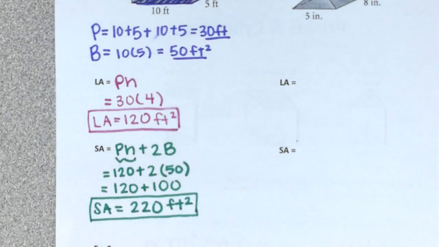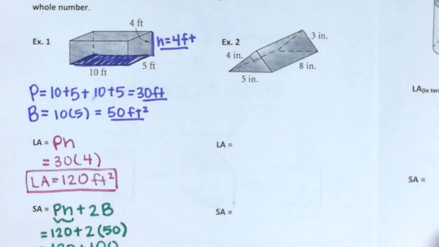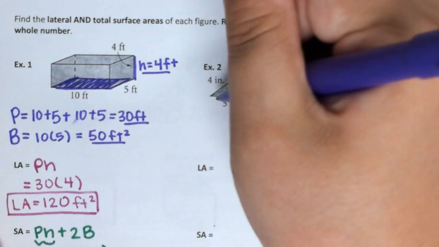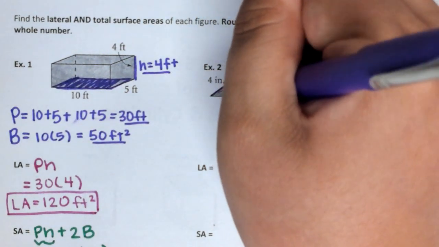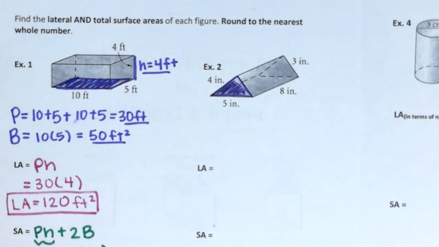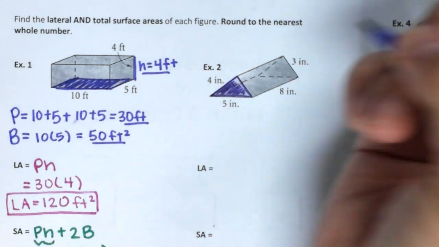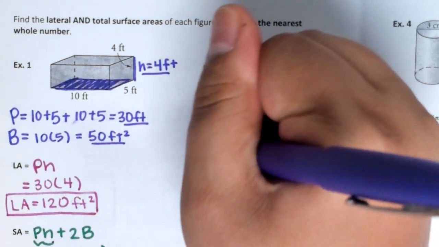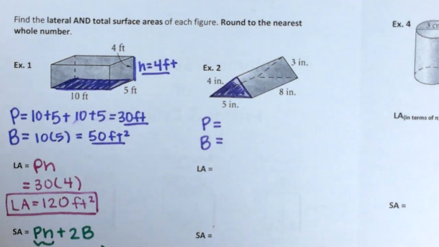All right, for my next problem, what kind of prism is this? Triangular. Where is my base here? The triangle. So everybody box the triangle and kind of shade it in a little bit. I need to know or find my P and my B for that triangle.